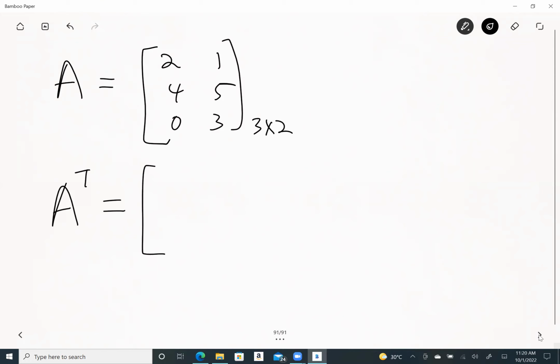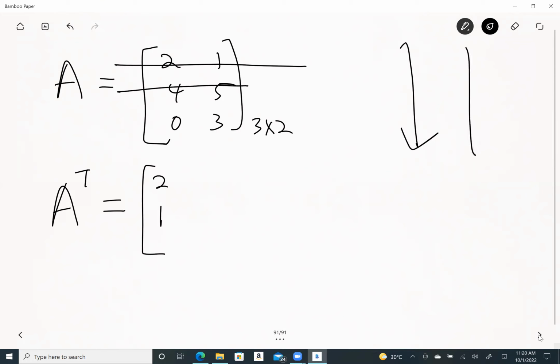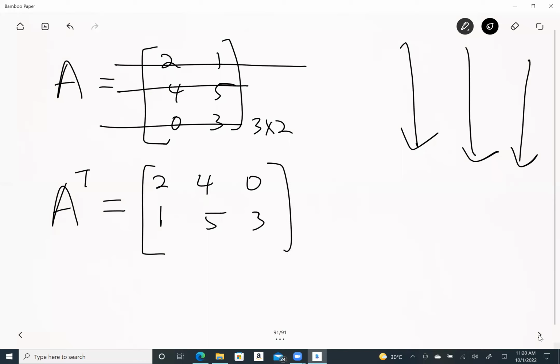Okay, so the rows will be columns for each of them. So you got 2, 1. Second row becomes second column. So you got 4, 5. Third row, third column. So 0, 3. So now it becomes 2 by 3.